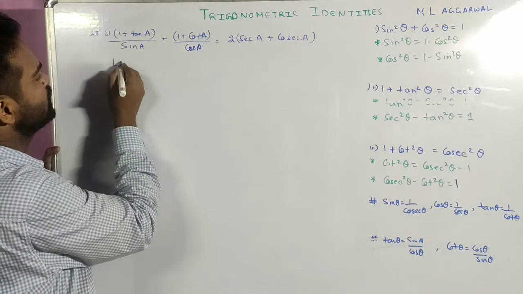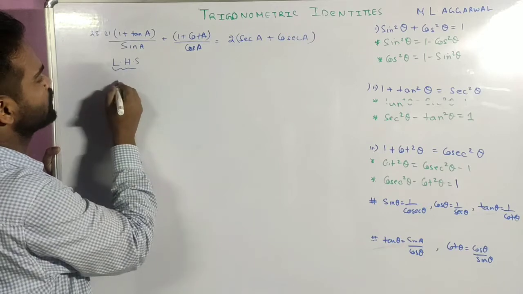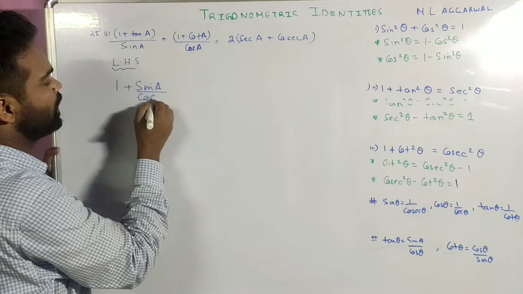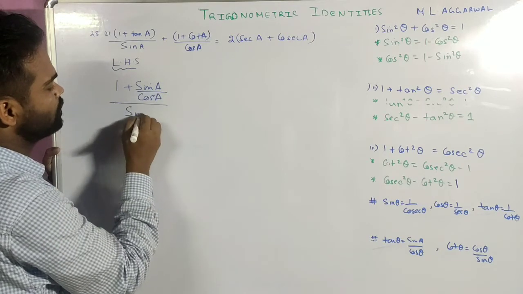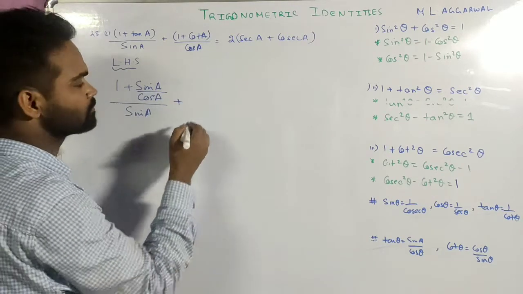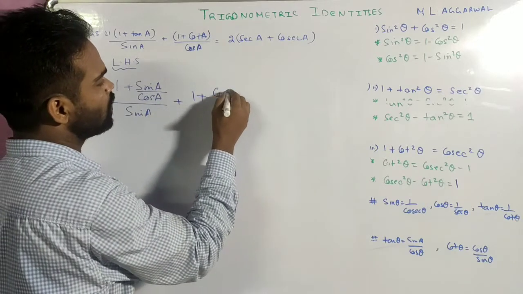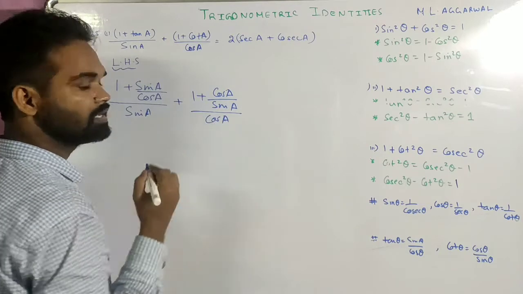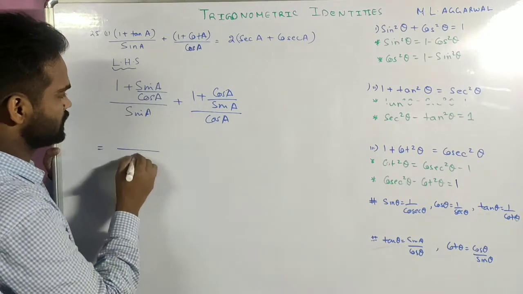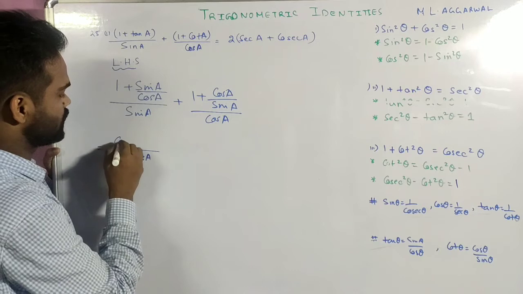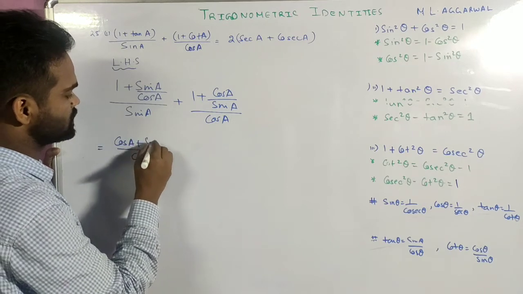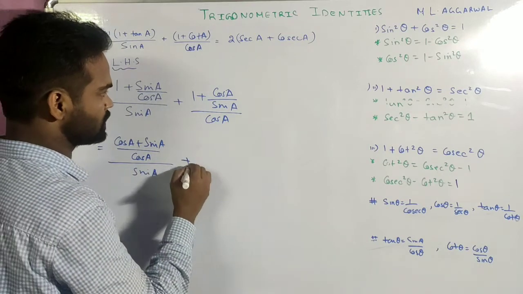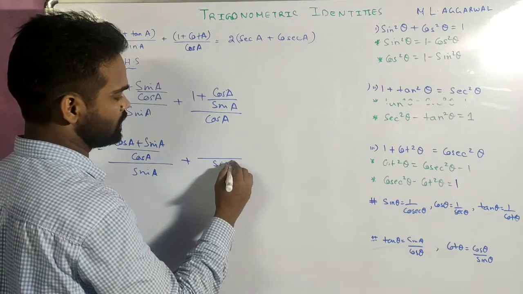So what I'll do, in the left hand side, just look carefully. 1 plus, instead of tan a, can I write sine a by cos a, by sine a, plus 1 plus cos a by sine a, by cos a, isn't it? Which means if I take the LCM cos a, this becomes cos a plus sine a by sine a, plus similarly this sine a.